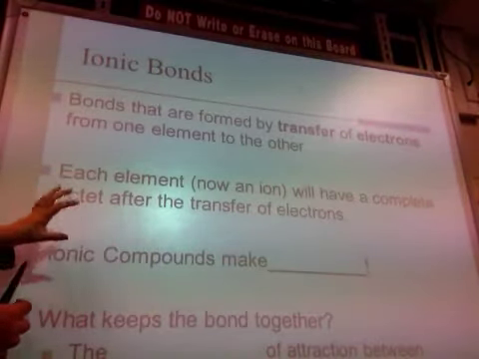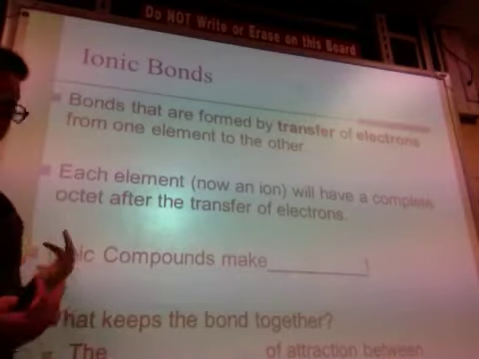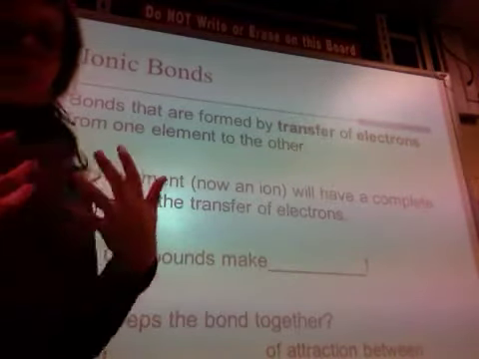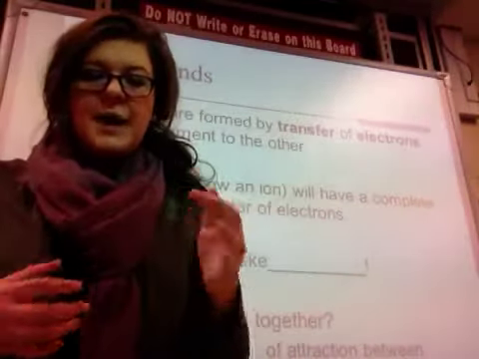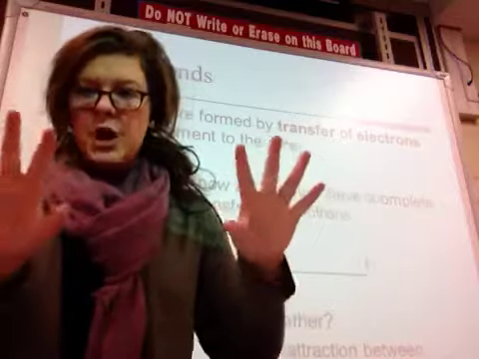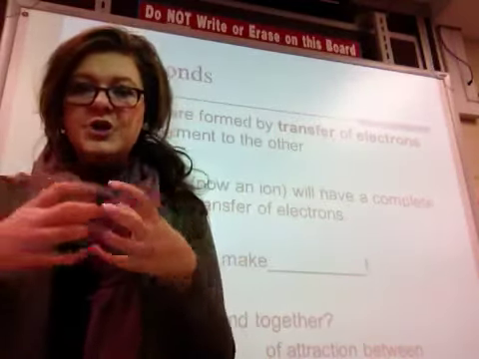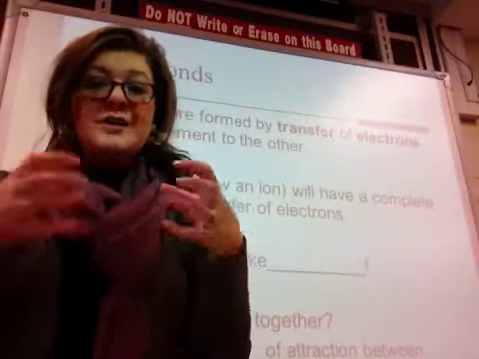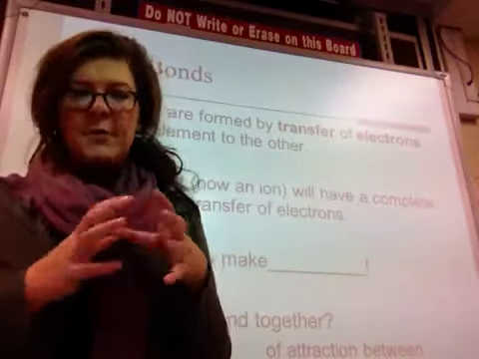So now we've created these ions, because we've created this sense of attraction. So I have this positively charged element and this negatively charged element now, and we know that opposite charges attract one another. So there's something keeping them together right next to one another because now we've created these charges.